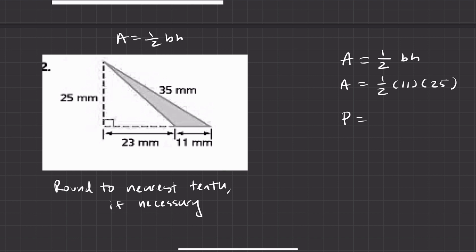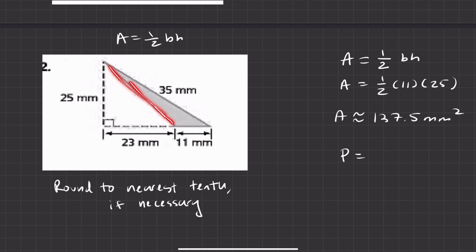I'm going to do 1 divided by 2 with the parentheses, multiply that by 11, multiply that by 25. You should get A is approximately 137.5 millimeters squared.